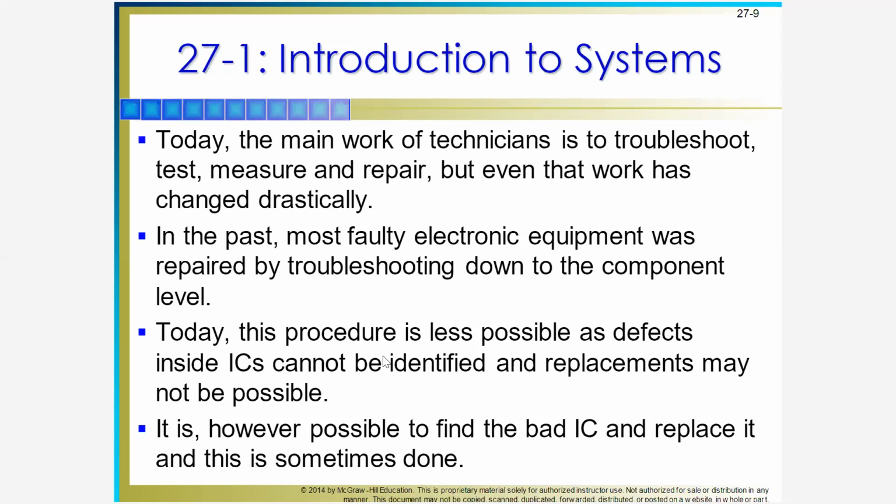Then, in the past, most faulty electronic equipment was repaired by troubleshooting down to the component level. Okay, in the majority of our electronic equipment, the main problem is the component. For example, when there is a short circuit, the main component that will be affected is the resistor, because a resistor resists current.